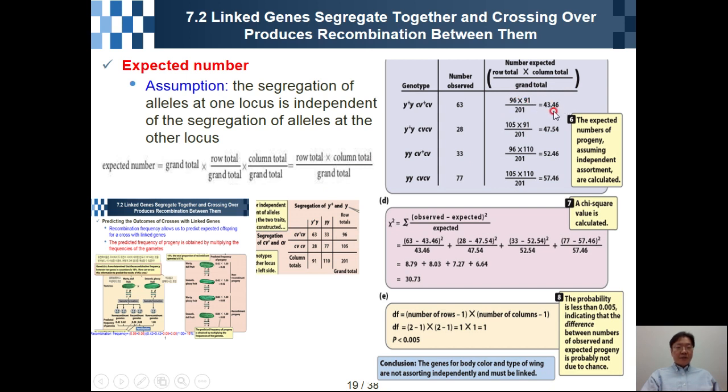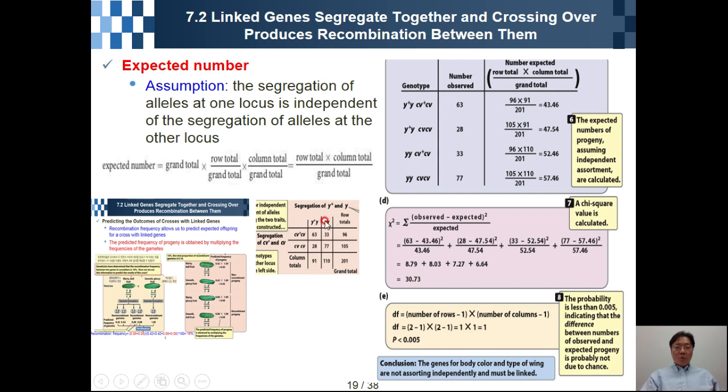So this is the expected number. How about this one? y plus y and cb, okay? The expected number uses grand total 201, row total 105, and column total 91. So the expected number is like this.